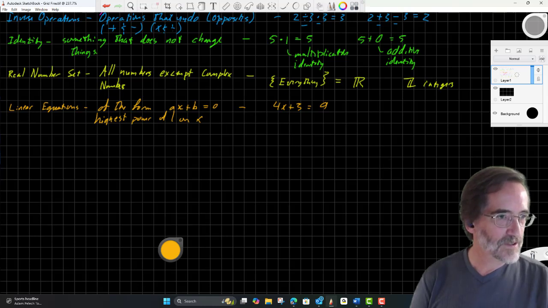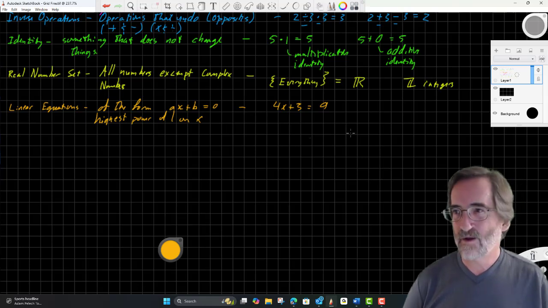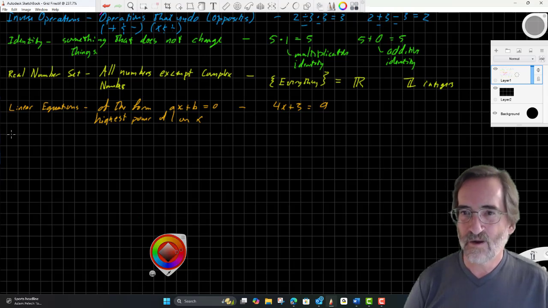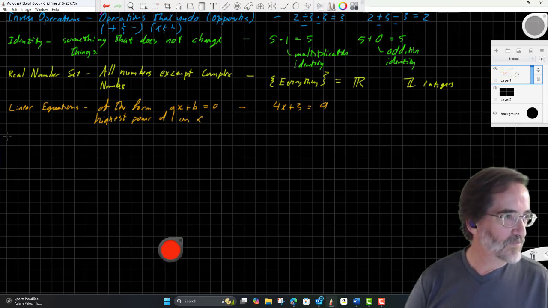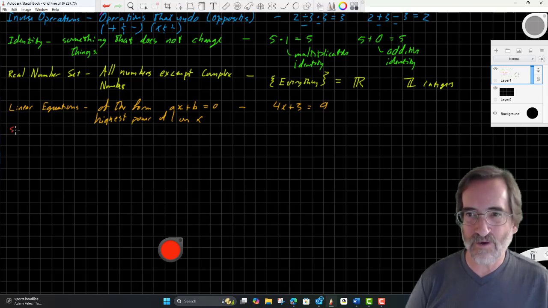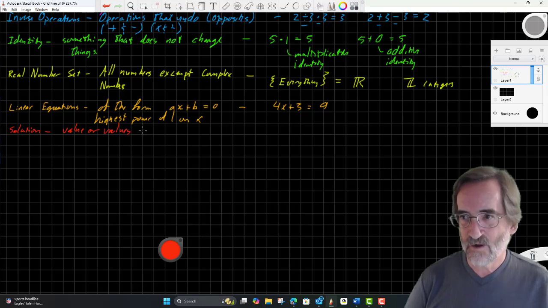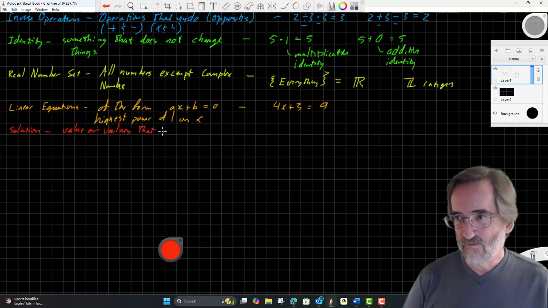Linear equations. Solution. Trying to think if we've done solution before. Don't think we have. The value or values that make a statement true.